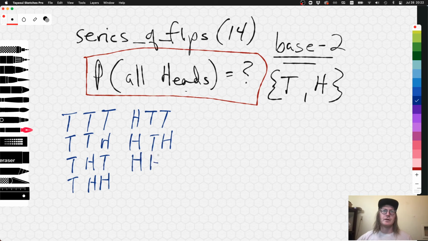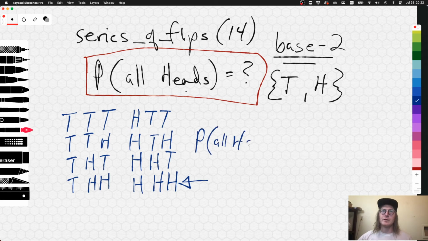Heads, heads, tails. Heads, heads, heads. So how many different ways can we get all heads here? Well, there's just this one. Again, still just one. So the probability of all heads in 3 is just going to be 1 out of, well, 1, 2, 3, 4, 5, 6, 7, 8.